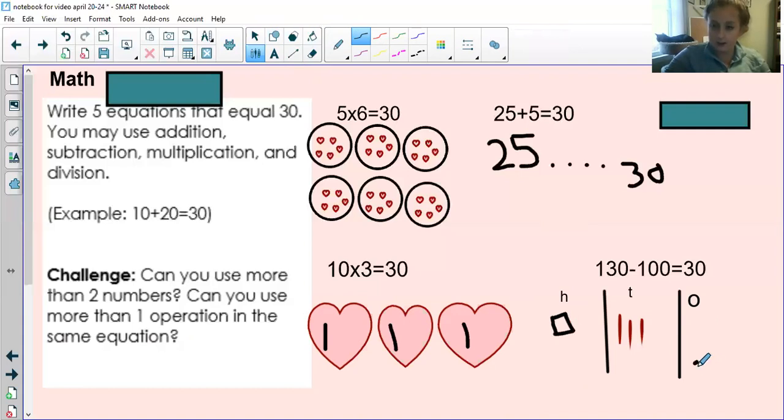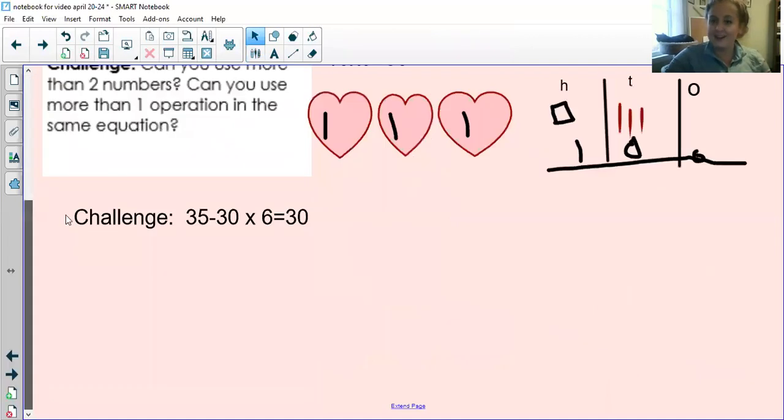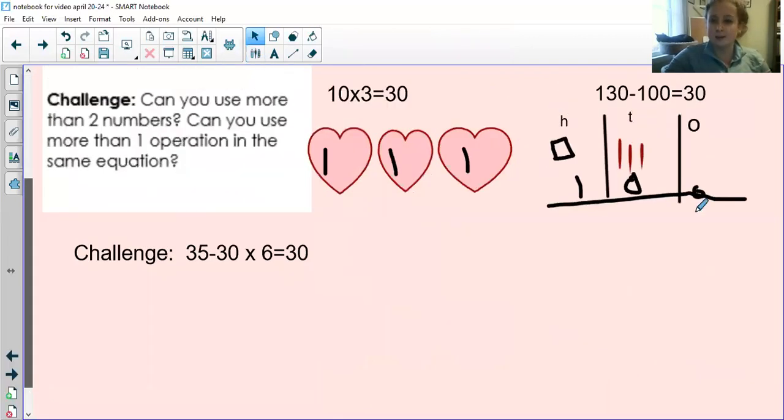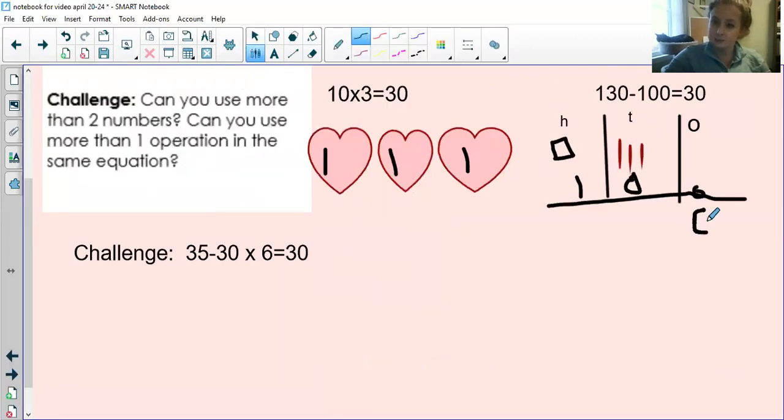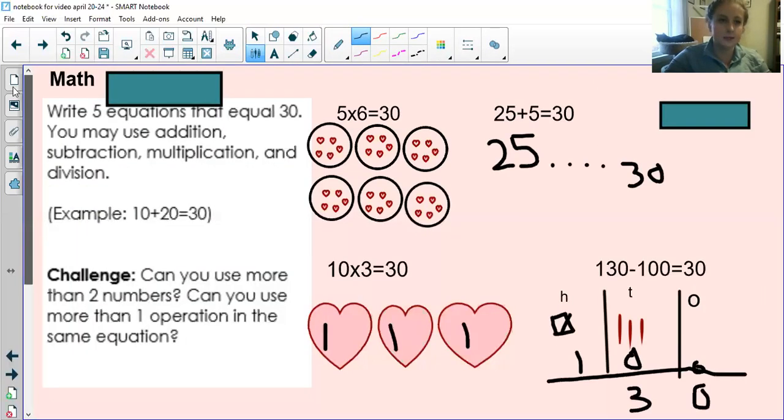So I have 0 in my ones place for 100, 0 in my tens place, and 1 in my hundreds place. Sorry, that looks crazy. Okay. All right, we know that 0 minus 0 is 0. 3 minus 0 is 3. And if I'm taking 1 away from 1, I have 0 left. So my answer is 30. Sorry, that's messy. I'm doing the best I can.